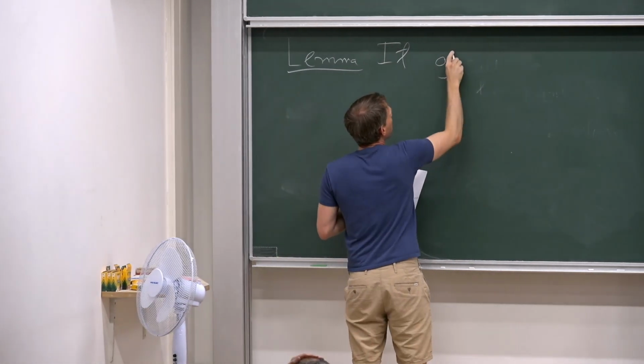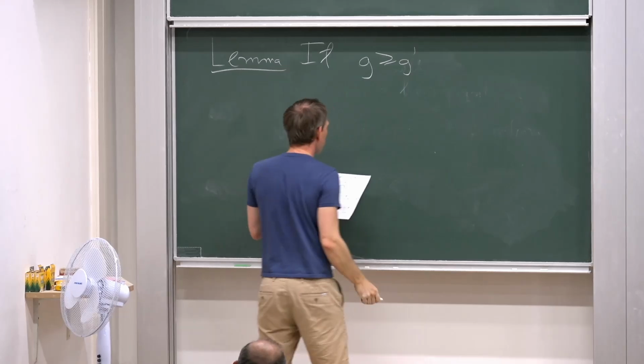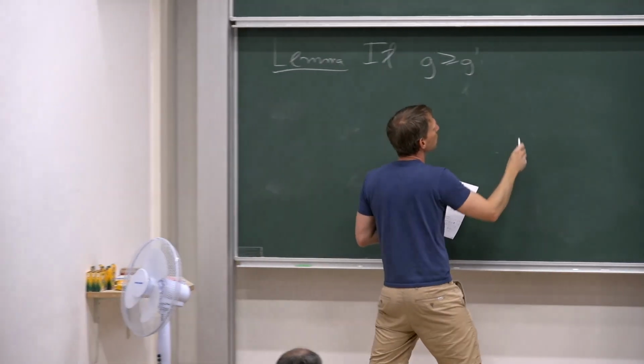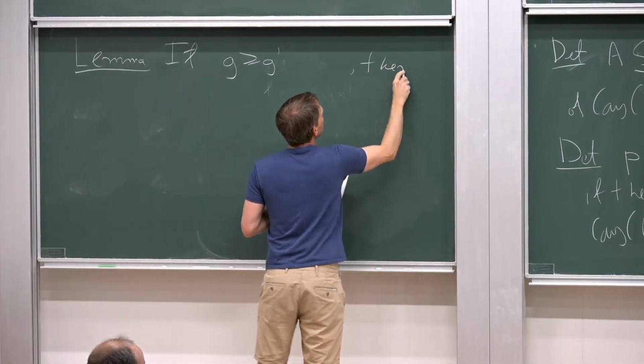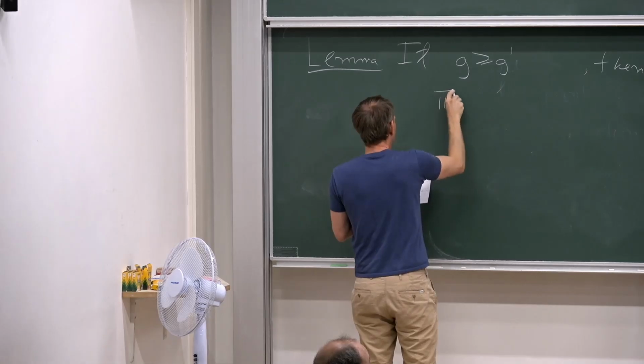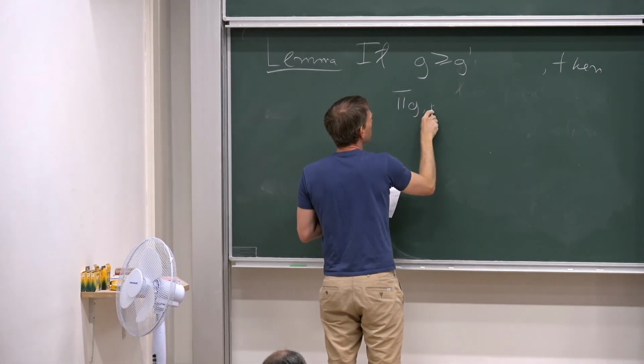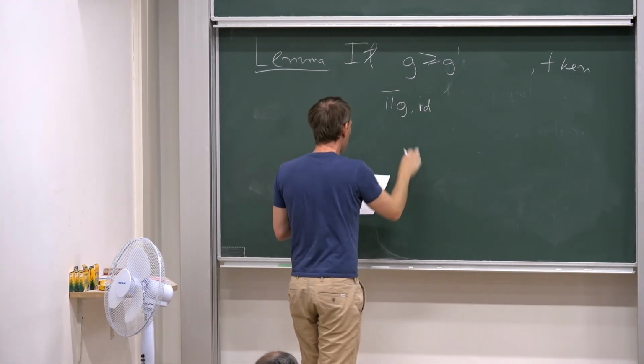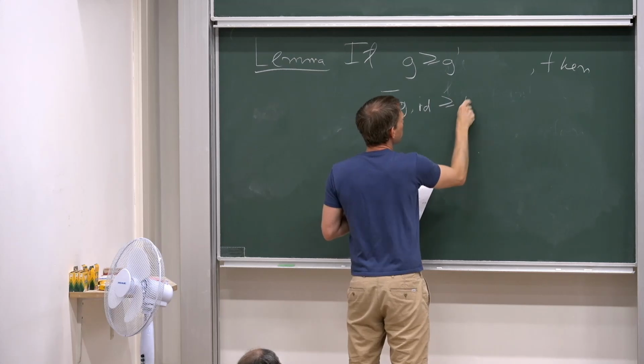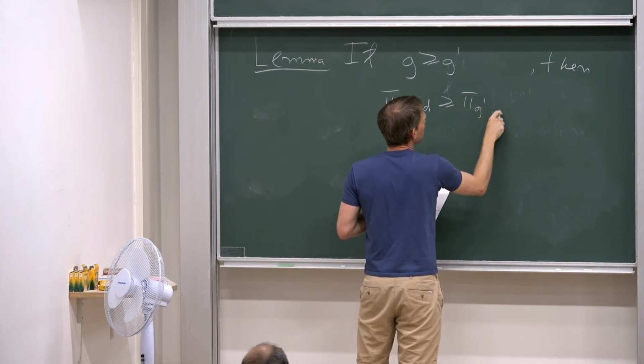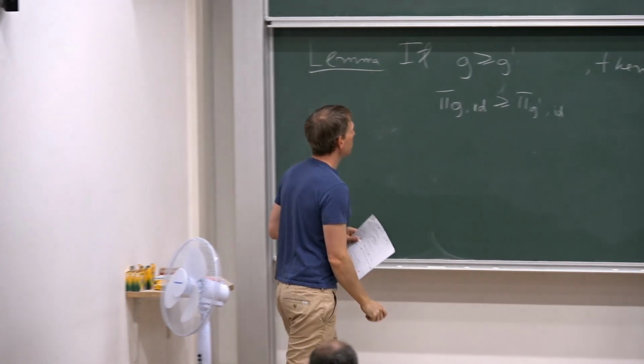That if you have G greater or equal than G prime in our order in the Coxeter group, then the voracious projection from G towards identity is greater or equal than voracious projection from G prime towards the identity.